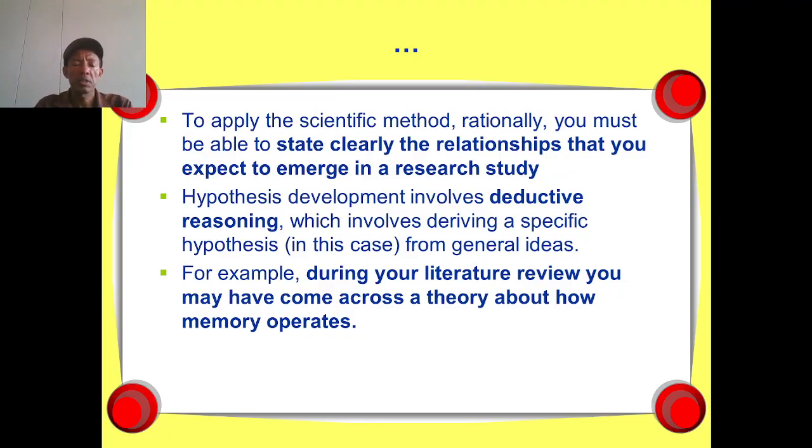So researchers state clearly the relationship that they expect to emerge in a research. So hypothesis development in this regard, because it is quantitative, involves deductive reasoning. In deductive reasoning, researchers derive their specific hypothesis from general ideas.